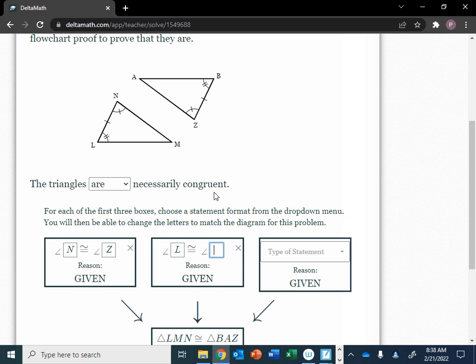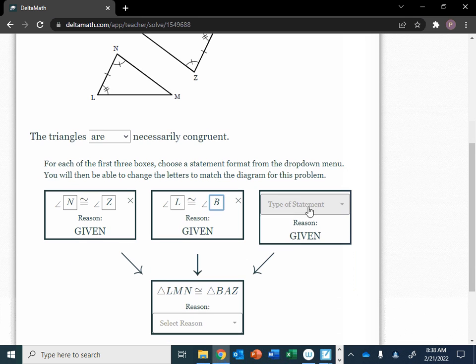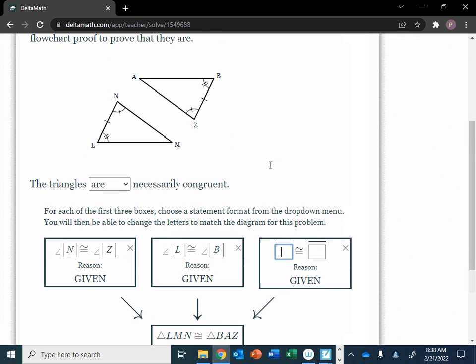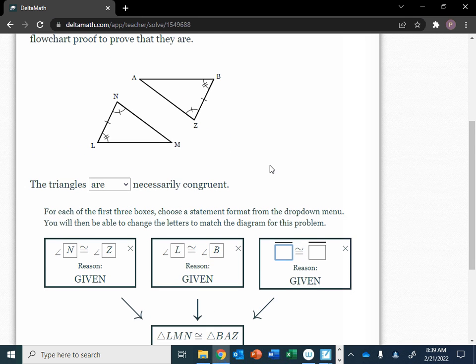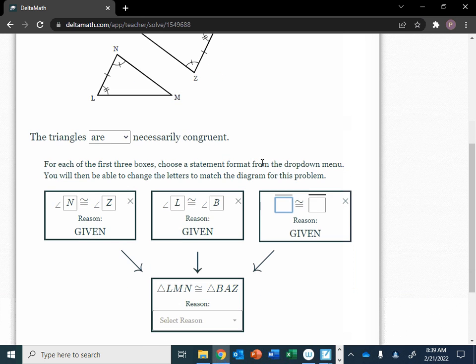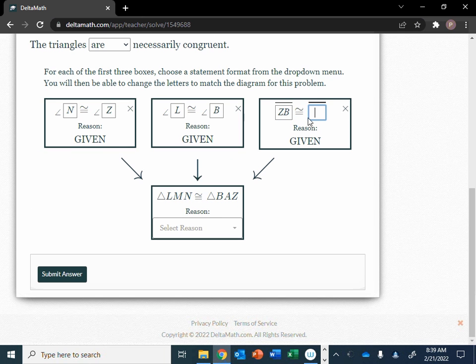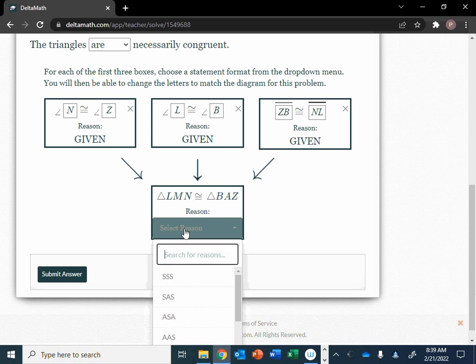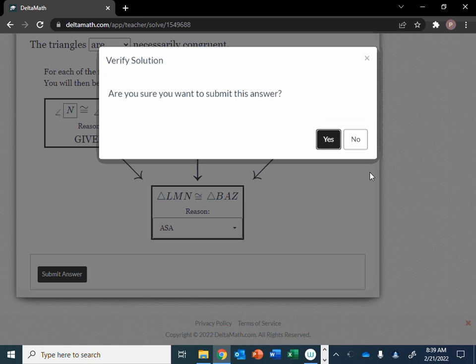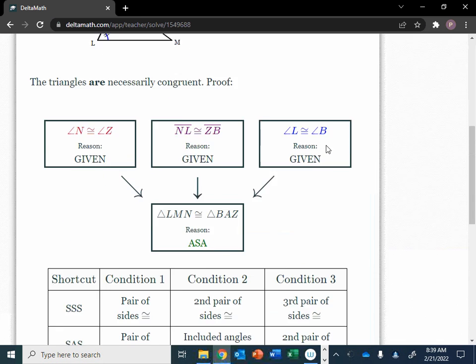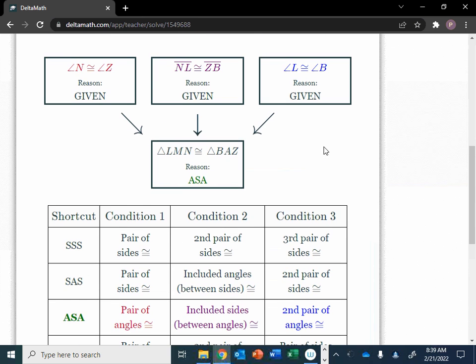L and B. And then what side's congruent? Yeah, ZB and an L. And then you would say these triangles are congruent. How are they congruent? Angle, side, angle. Okay, so that's how you do that.